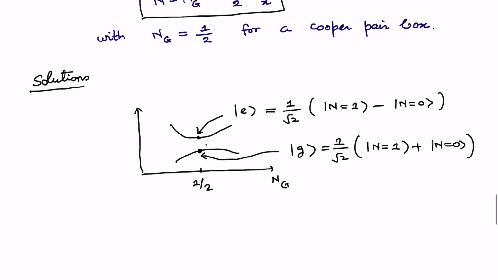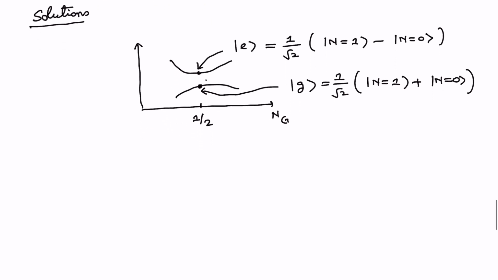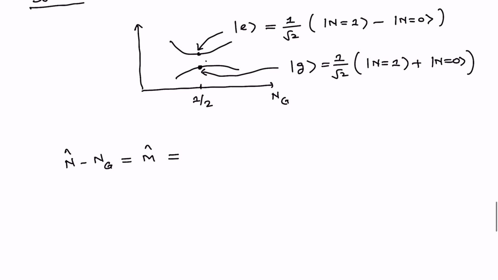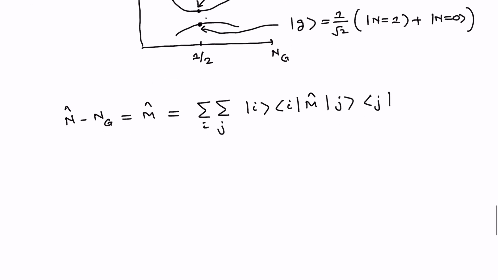Now if we choose ket Z and ket E as our basis states, then I can write this operator n cap minus nz as, because we know that any operator can be expressed in this form, sum over i, j of ket i bra i, m, ket j bra j, where i, j can take the values ket z and ket e.